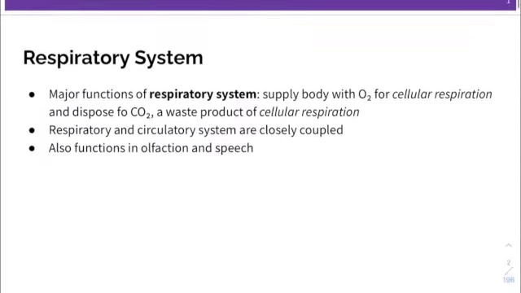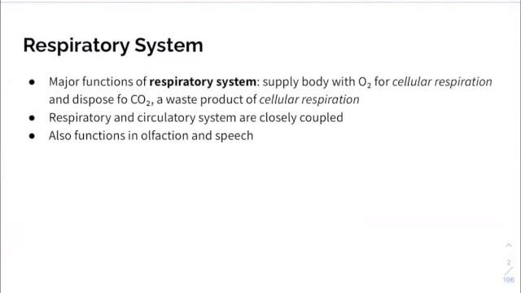So our respiratory system, of course, exchanges oxygen and disposes of carbon dioxide. We use oxygen for cellular respiration. We use oxygen to generate energy or ATP in our system.